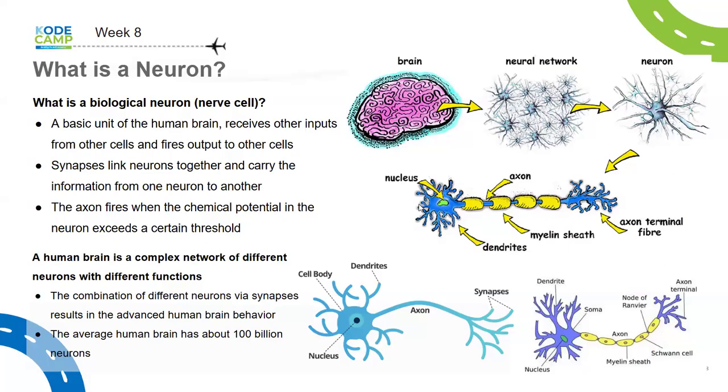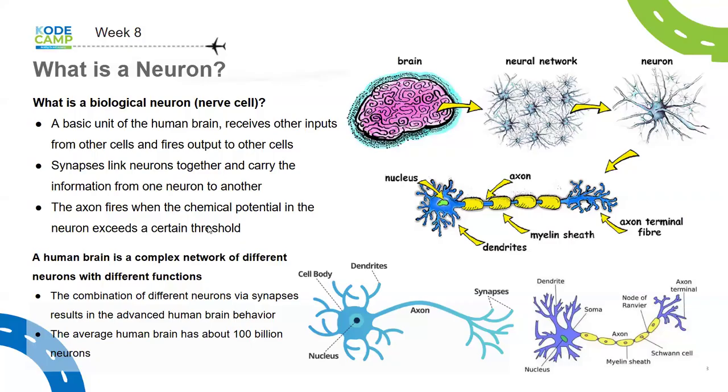Okay? So the human brain has a lot of neurons, and they are not all the same. They are different types, different shapes, different sizes, different characteristics, and all of this combine in different ways to form the advanced human brain behavior that we know.